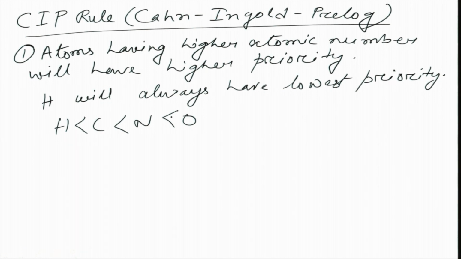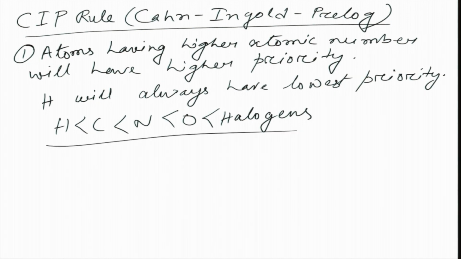Nitrogen will have higher priority than carbon. Oxygen will have higher priority than nitrogen. Then the halogens. Halogens will have higher priority than oxygen. Okay, it follows kind of this order.